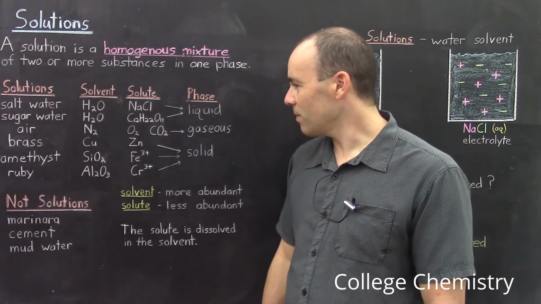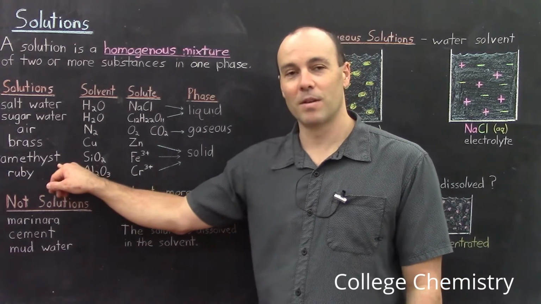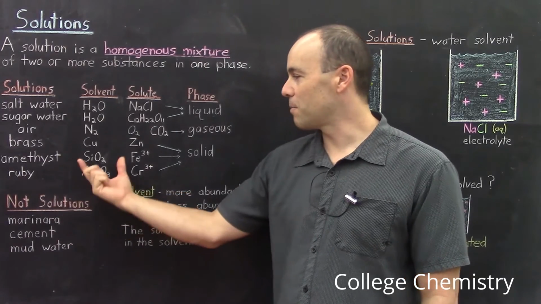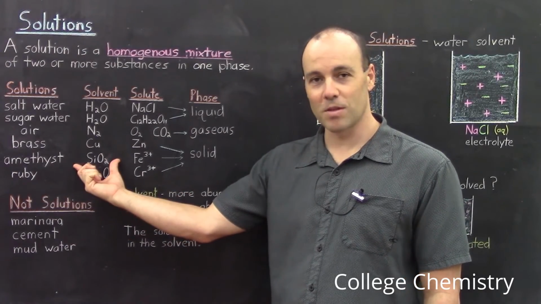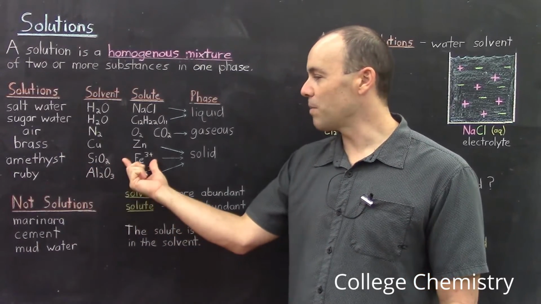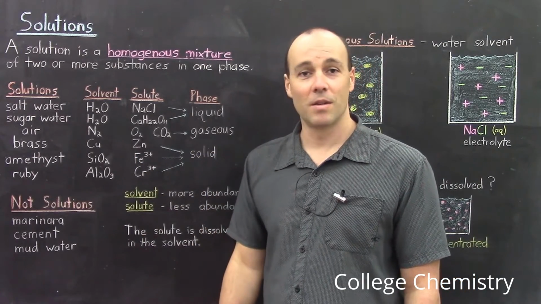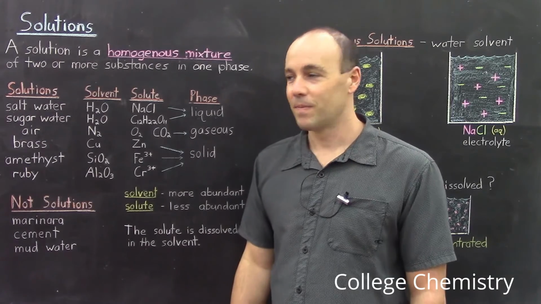So again, really interesting how a crystal can be considered as a solution. You have your pure solvent, which is the quartz, and the iron 3 pluses that are distributed here and there throughout the crystal lattice is the solute.